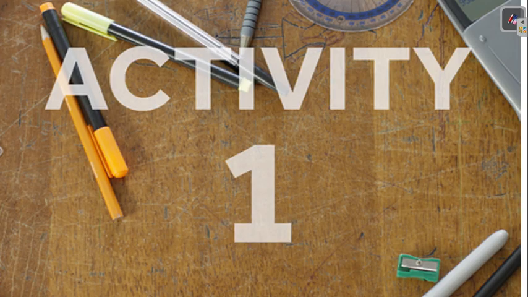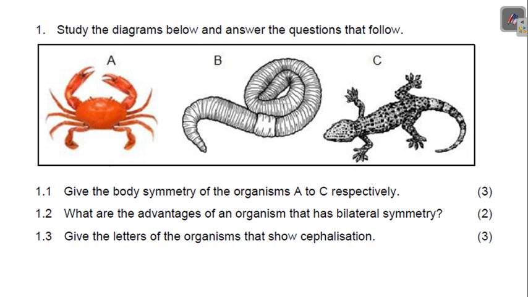Good. Activity 1. Let's see if we understand this. Study the diagrams below and answer the questions that follow. You are given organisms A, B, and C. 1.1, give the body symmetry of the organisms A to C. What type of symmetry do they have?